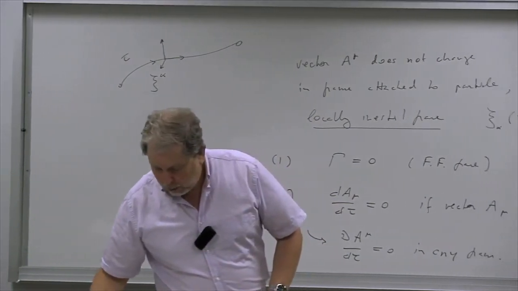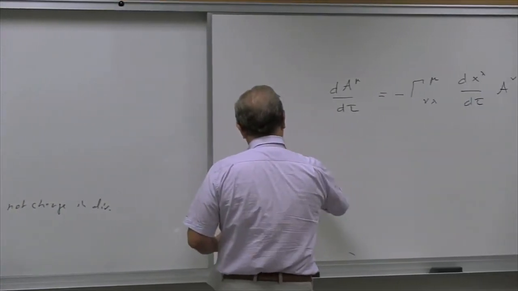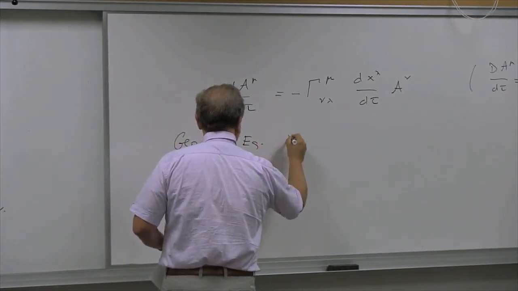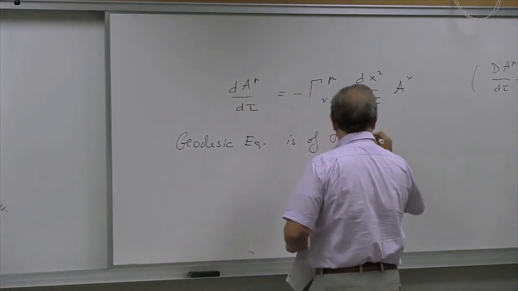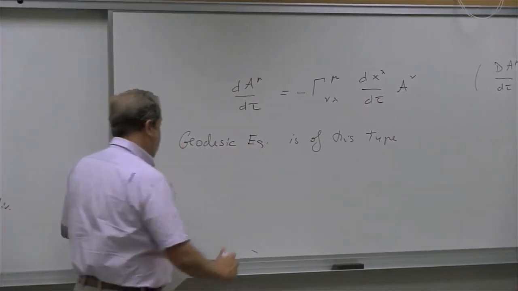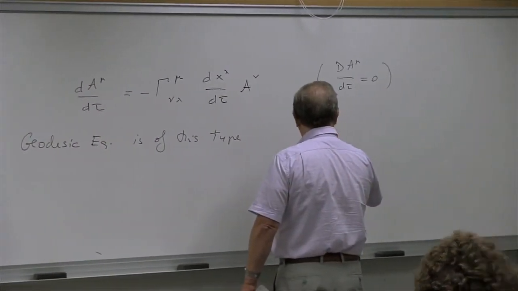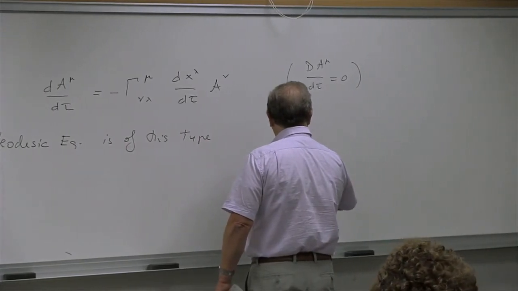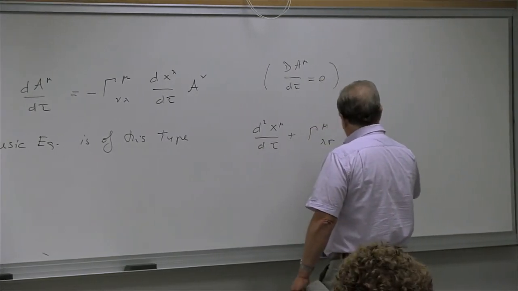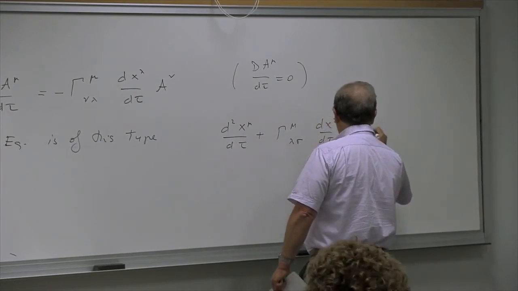Now, in fact, the geodesic equation is precisely an equation of this type. It is an equation of this type because you can write it as, now you do remember that the equation for geodesics is that the second derivative of x mu with respect to tau, plus gamma mu lambda sigma dx lambda dx sigma by d tau, is equal to 0.